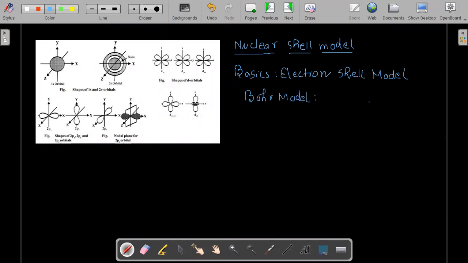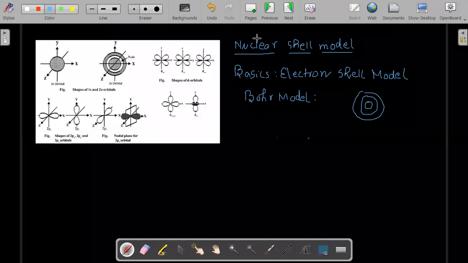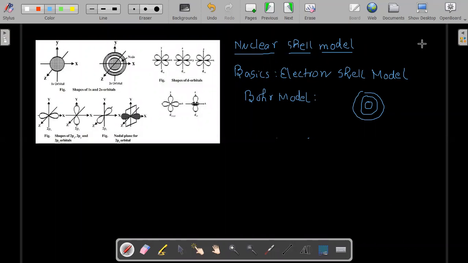What it usually said was that we have the nuclei, and we have the electron which is revolving around the nuclei.